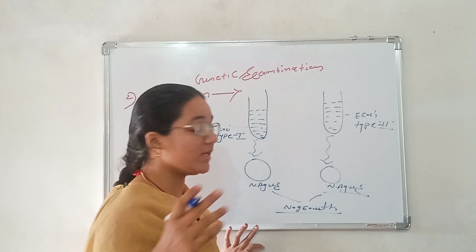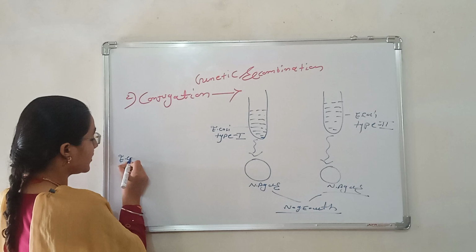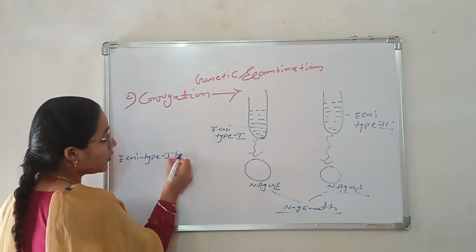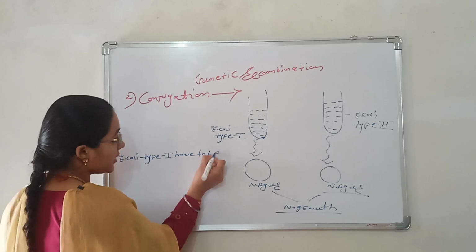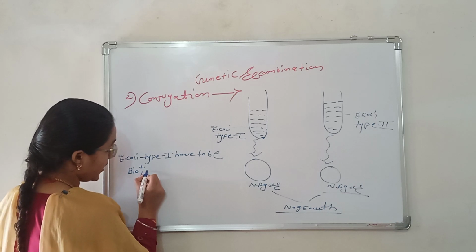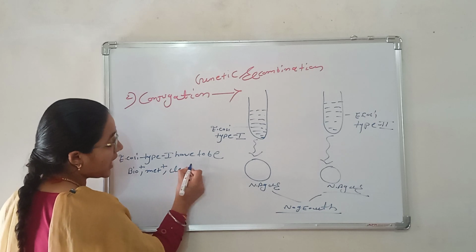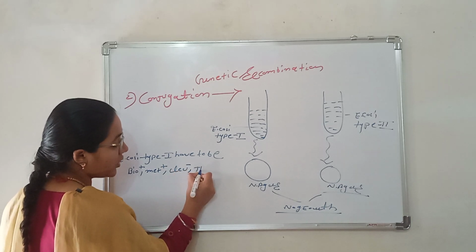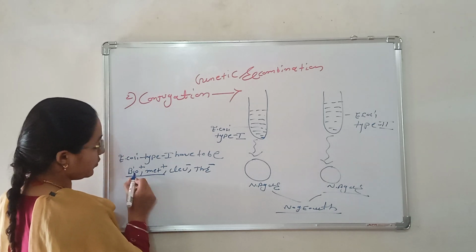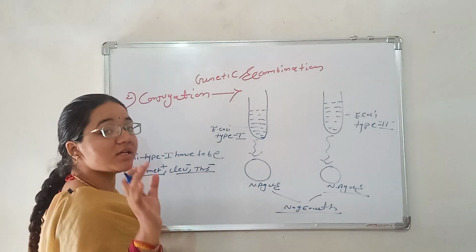For example, E. coli type first strain has biotin plus, methionine plus, but leucine negative and threonine also negative. It means this strain is positive for biotin and methionine, but leucine and threonine are not present.